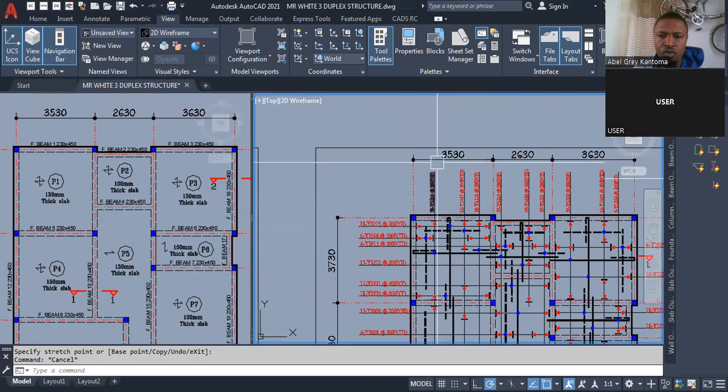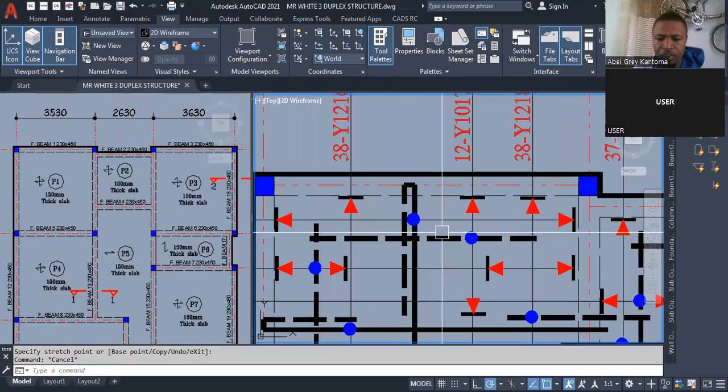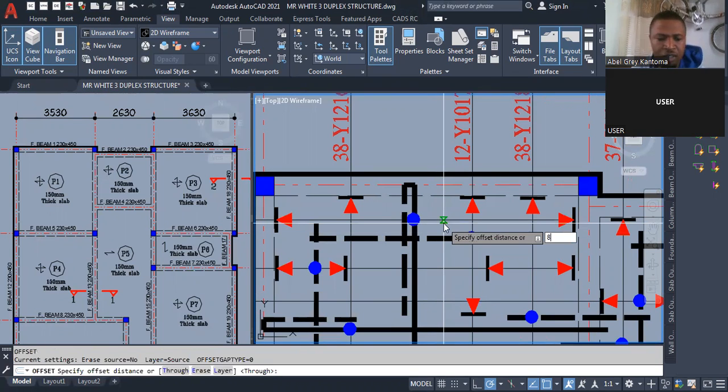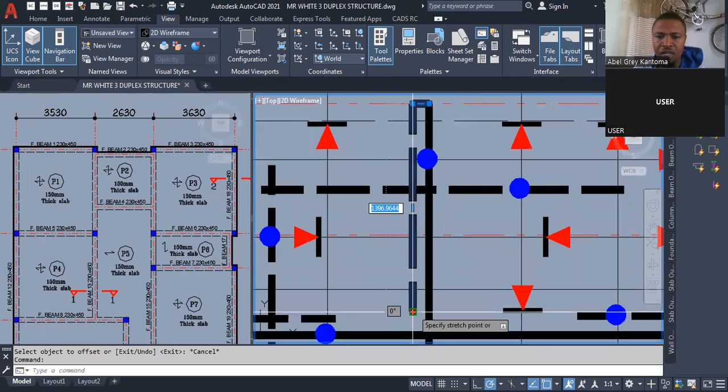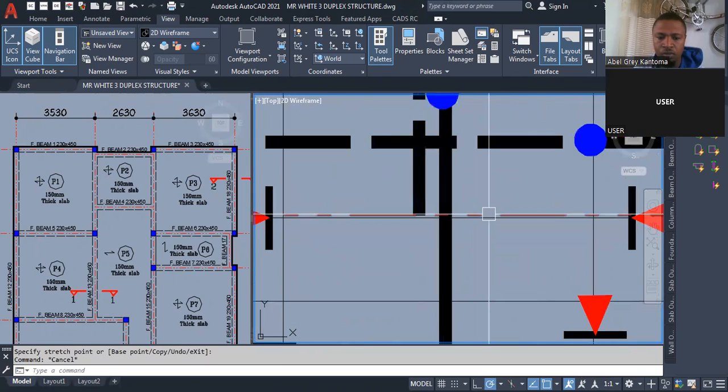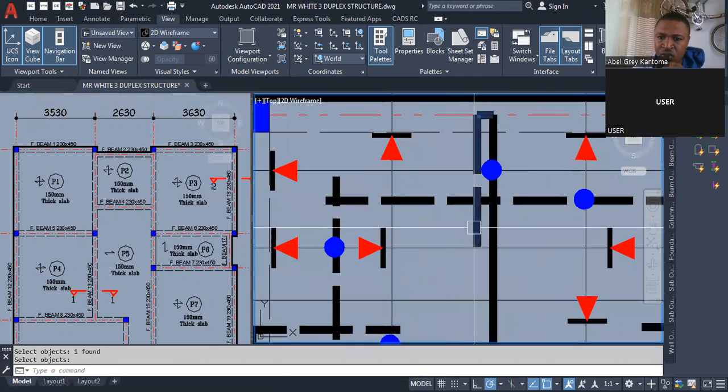So if I offset 882, this return is going to be around here. Do you get the point? So this is the return.